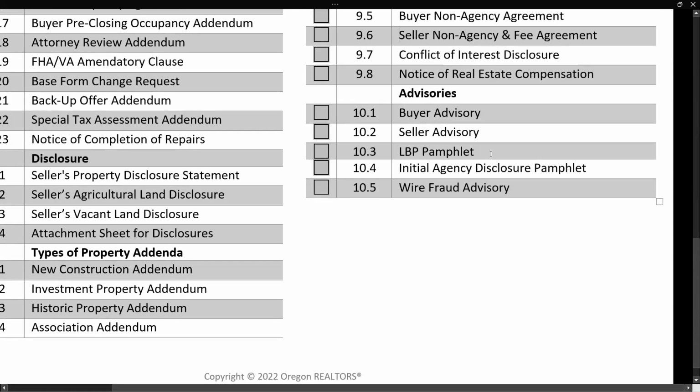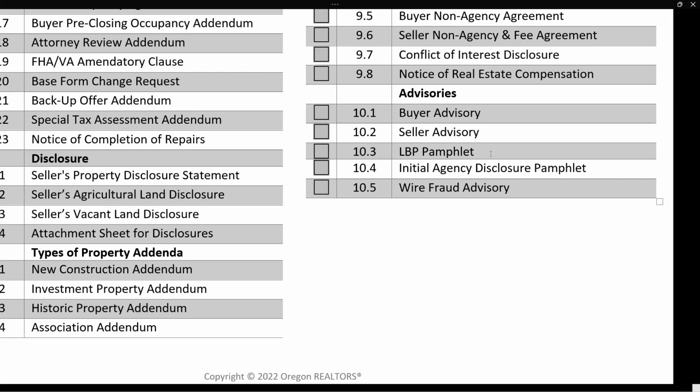10.3 is the lead-based pamphlet. This is the Protect Your Families from Lead in the Home pamphlet. This document is provided in English as document 10.3. On the actual lead-based hazards form, you'll note that there is a link to a website for the EPA that has additional languages for this pamphlet. If you are a seller delivering the lead-based pamphlet to the buyer, which you are supposed to under federal law, you should deliver that pamphlet to the buyer in the language the buyer is signing the contract in.